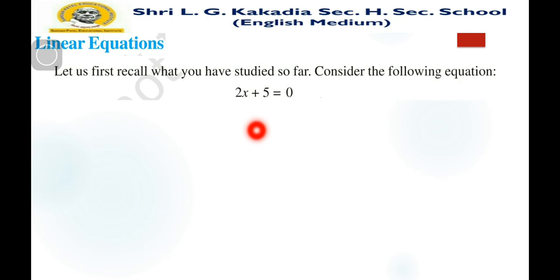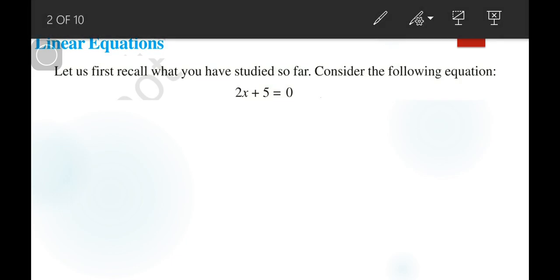Now we also learned how we can find the zeros of this linear equation. The general or standard form of linear equation is given by ax plus b is equal to 0.